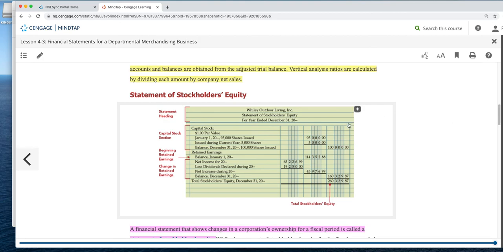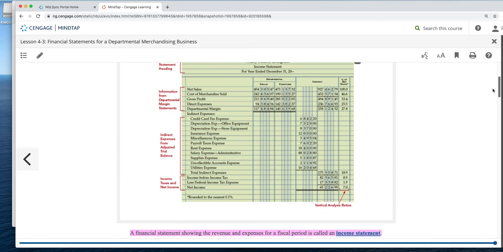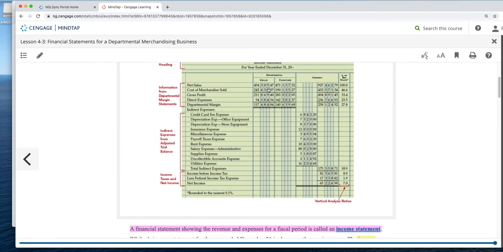For the statement of stockholders' equity, most of this part will come from the directions. You'll have some adjusted trial balance numbers and an income statement number, and that should be about it for that. And then all our income statement accounts are coming from your departmental margin statement from up here. Add them up to get the company totals.